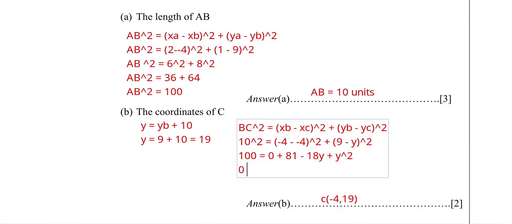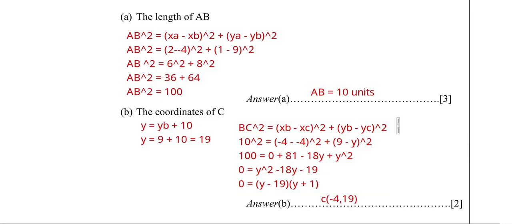Now take everything to one side, then you have y squared minus 18y, and then 81 minus 100 is -19. If you factorize that, you're going to get (y minus 19) and (y plus 1).